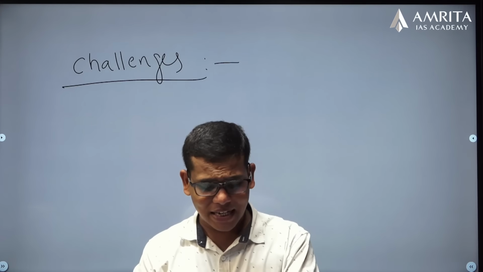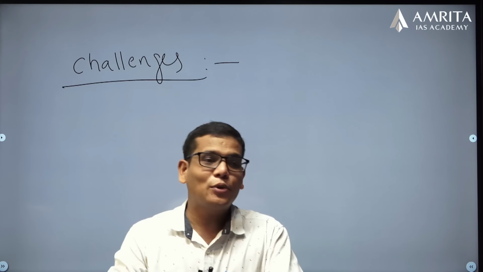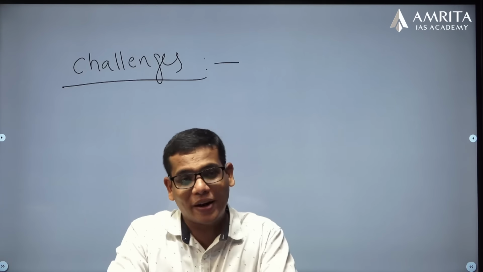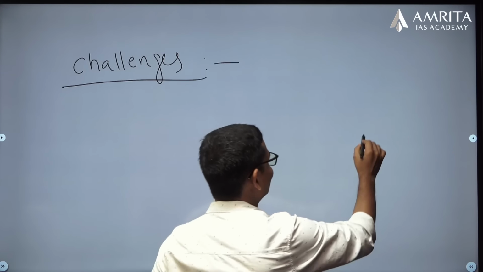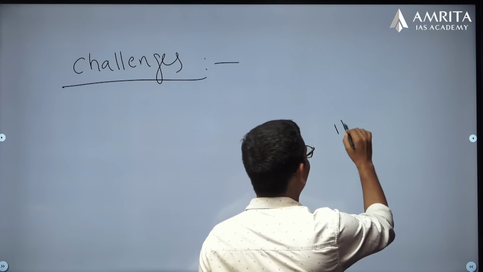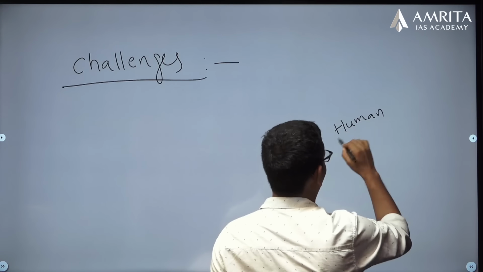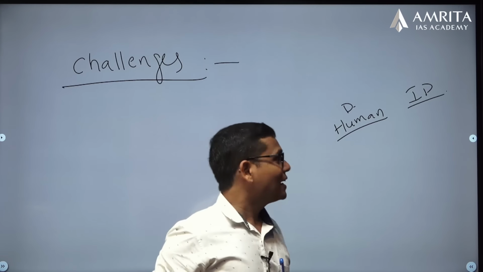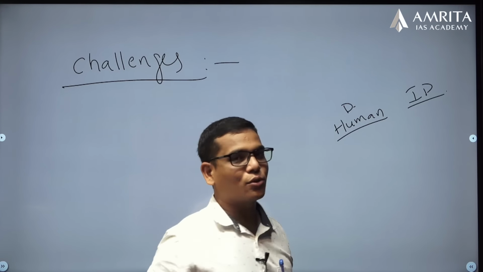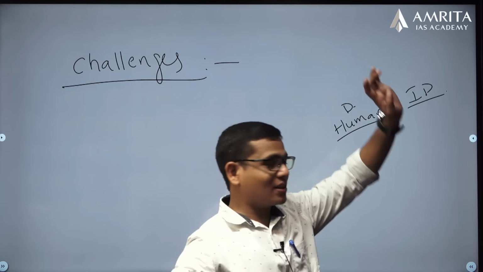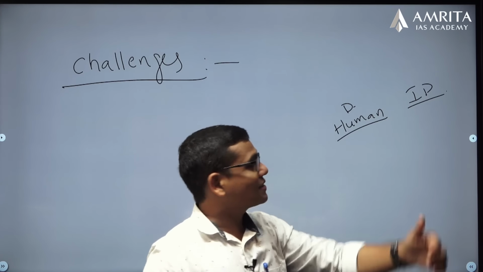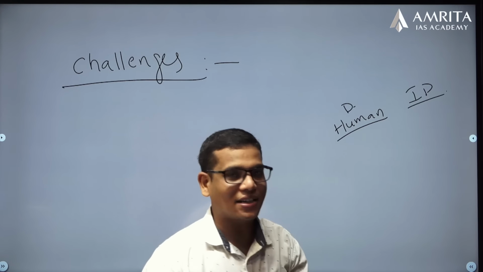When it comes to the challenges, I can attribute two things. Both are related to human activities, but one is with the direct action of humans and the second one is indirect action. It is direct and indirect. Sometimes we consider it as natural, but it is not natural.